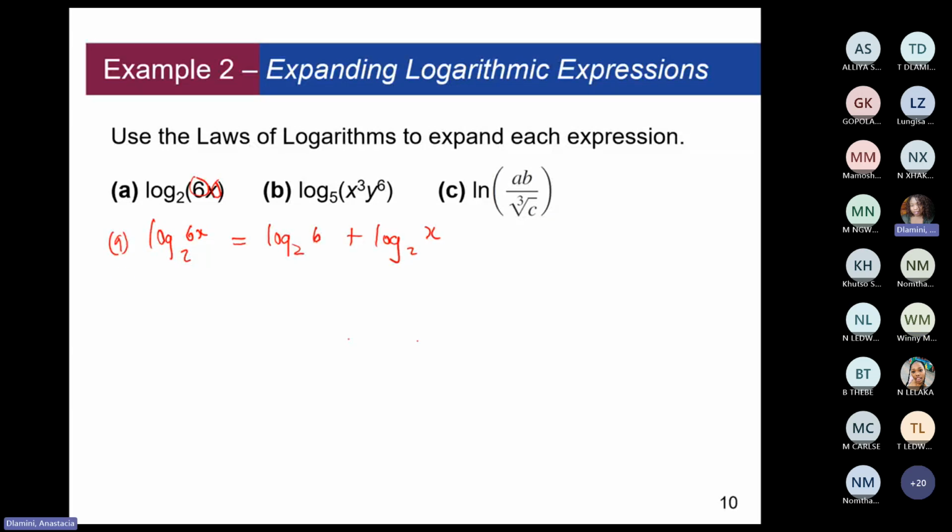Now B, we have log of x to the power of 3, y to the power of 6. This will be equal to, not 5, I mean base 5. So this will be equal to what?